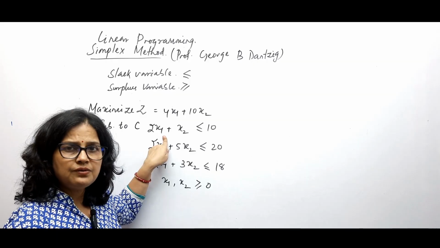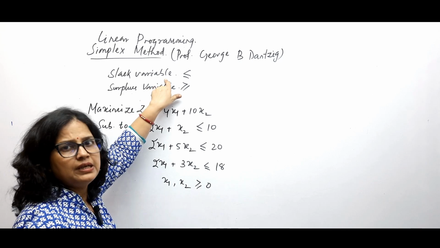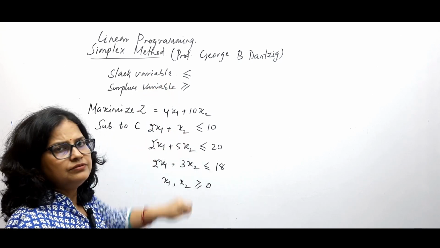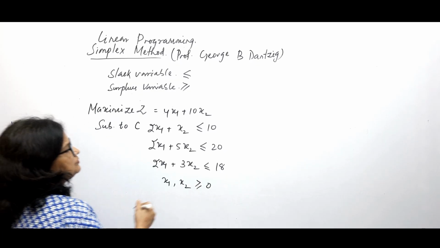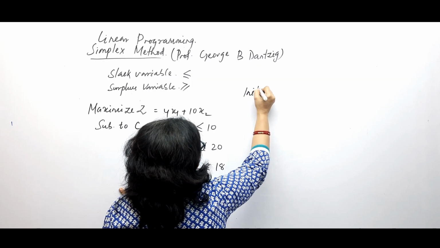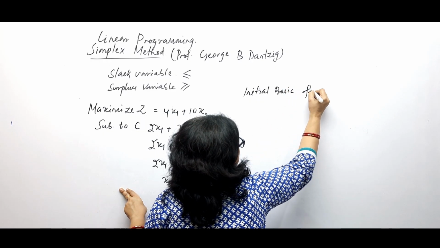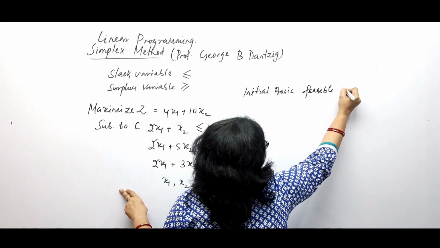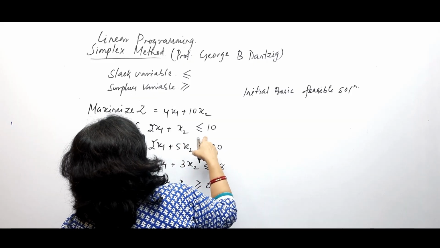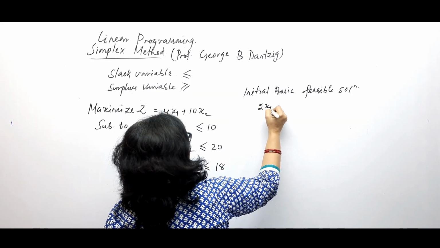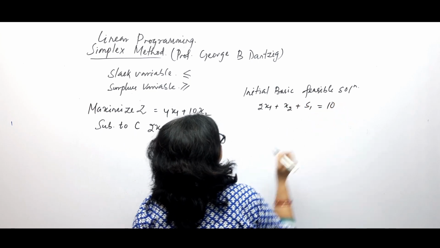Convert the constraint into an equation, that is 2x1 plus x2 plus s1 equal to 10.